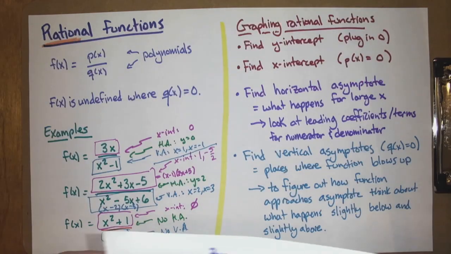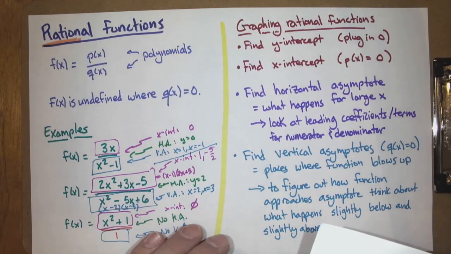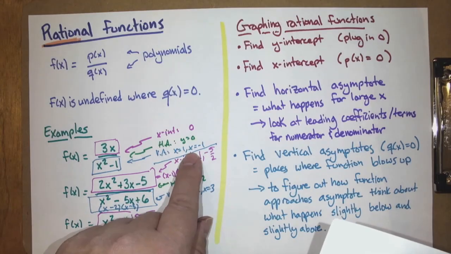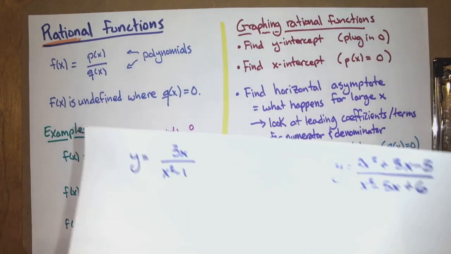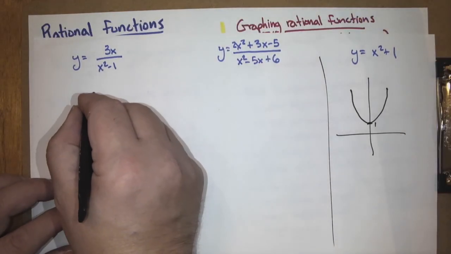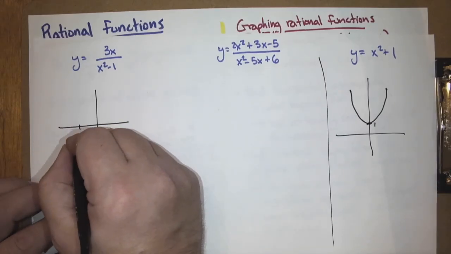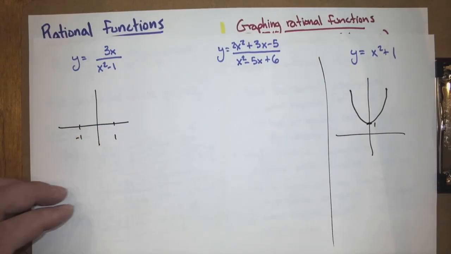Now 3x over x squared minus 1. We have a horizontal asymptote at 0 and vertical asymptotes at 1 and negative 1. So we can mark these. We'll put minus 1, we'll put plus 1.